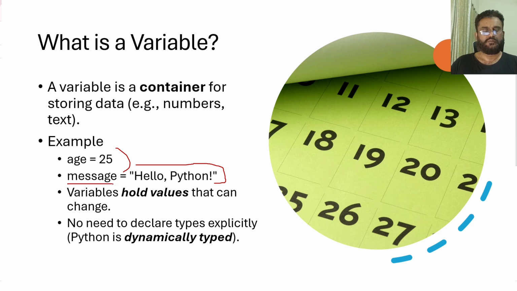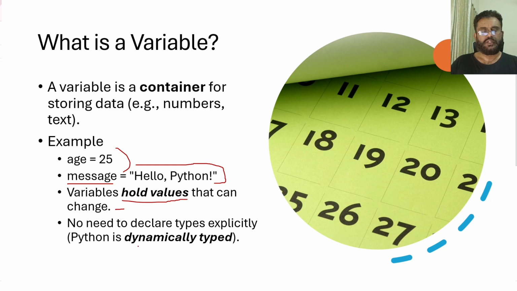Let's say we call it a message. So variables basically hold values that can change from time to time. Even in one program you can assign new values to the same variable, and unlike other programming languages, you don't need to declare types of variables explicitly.